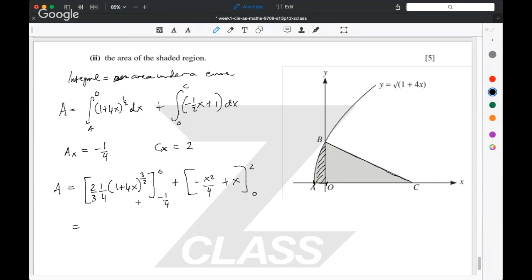So this is equal to, and the first bit, that would become 0. This becomes 1/6 because the lower limit would actually vanish. And plus, integrating, minus 1 plus 2. And so if you put this in, it'll all equal 7/6. And that is the correct answer.